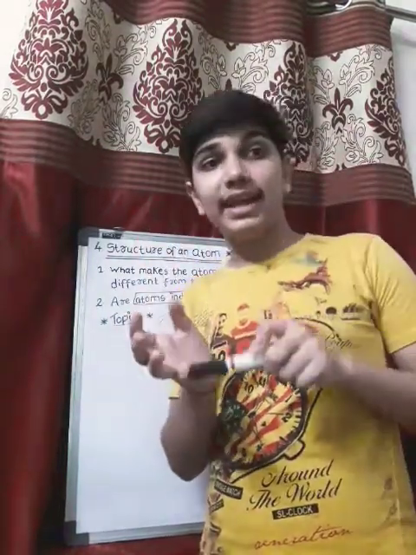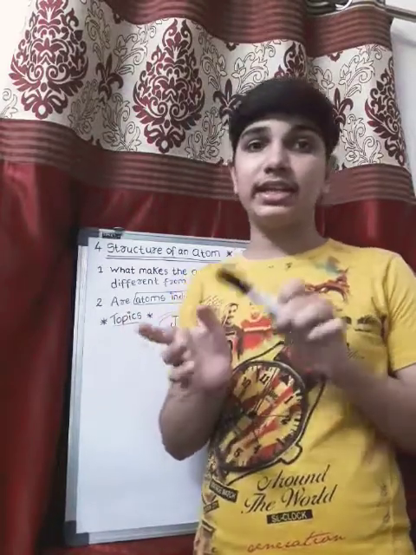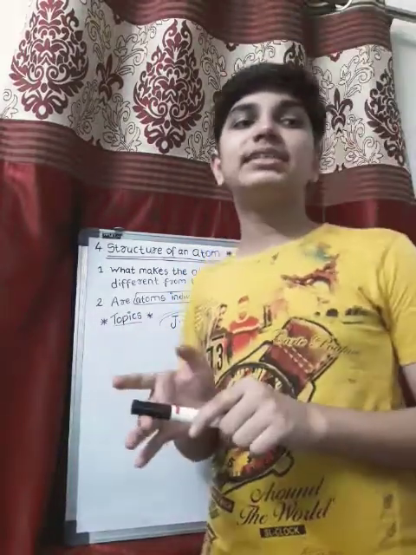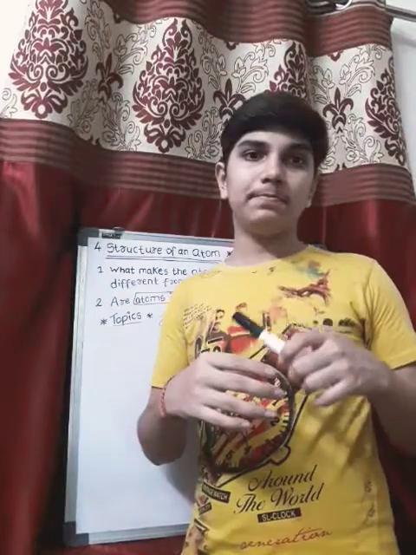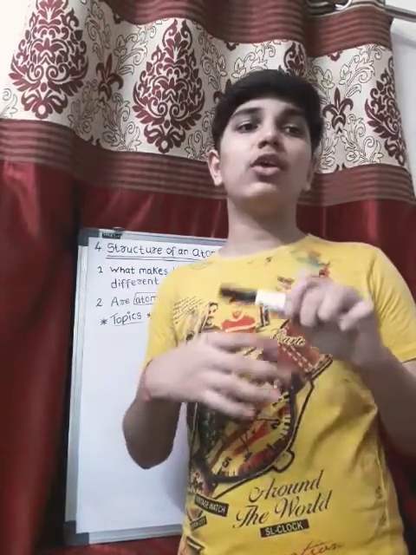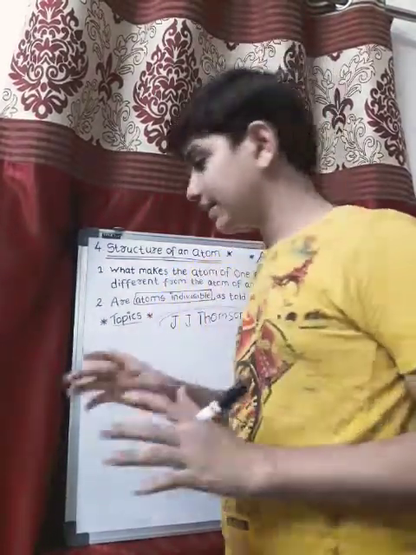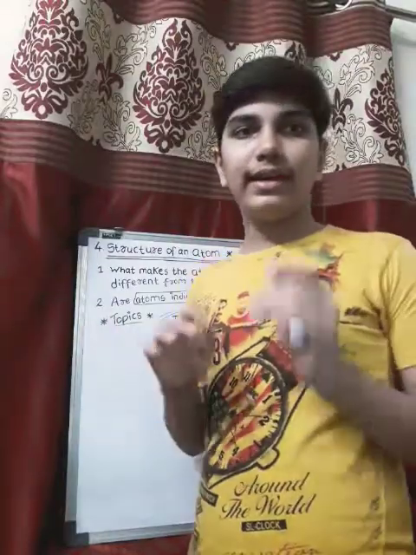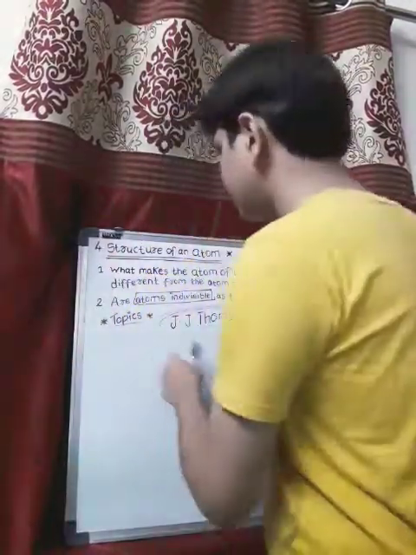Now the negative and positive charges are equal in magnitude, so the atom as a whole is electrically neutral. An atom is always electrically neutral according to J.J.